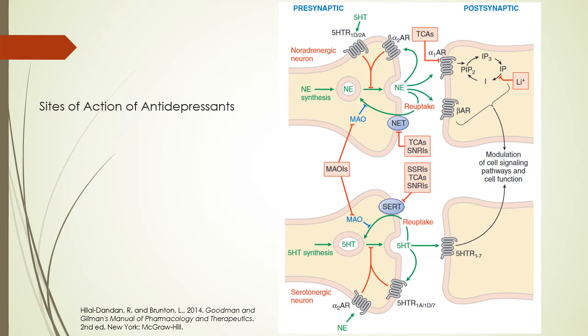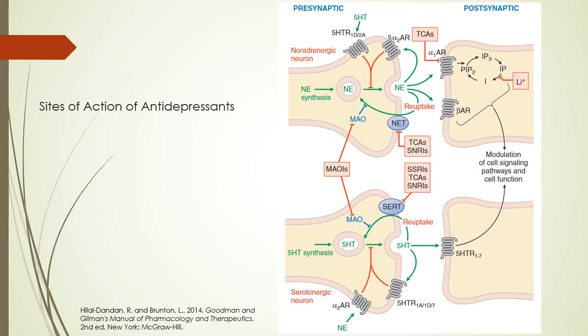When there are appropriate facilitatory signals, these norepinephrine vesicles fuse with the cell membrane and become bioavailable in the synapse. However, norepinephrine and its release can be inhibited when alpha 2 receptors are activated in the same presynaptic neuron.